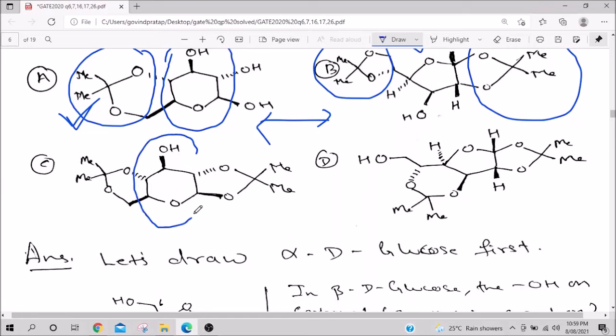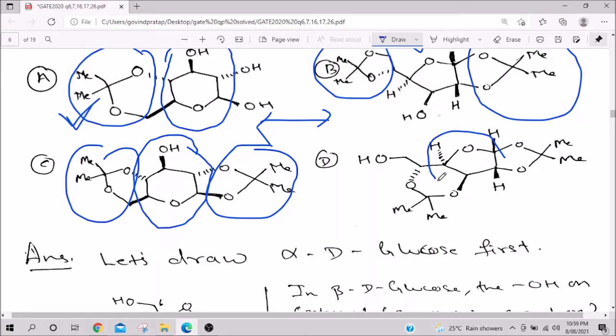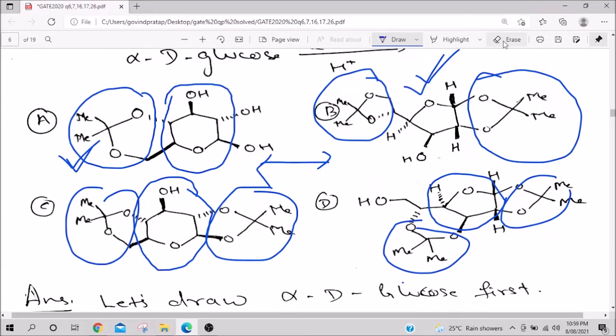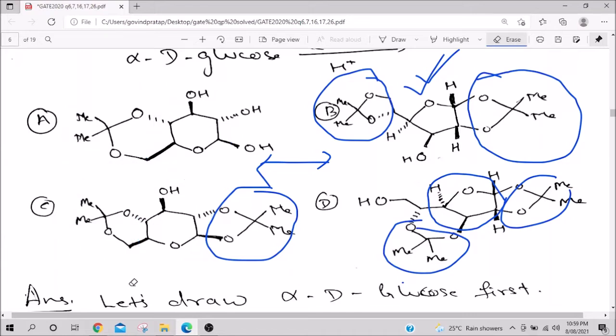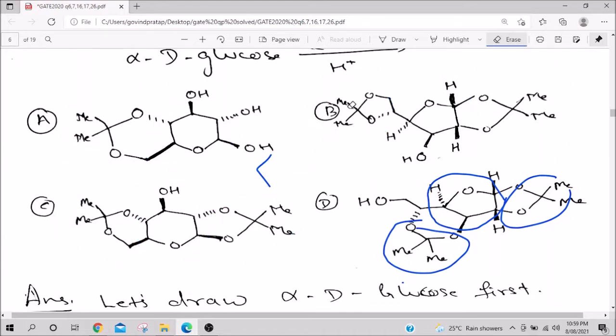Here the pyranose form is intact and you are having 2 acetonide formations. So, this also looks possible to me, and here again you are having a 5 membered ring and then 2 acetonide formations. So, if I have to just reject one, I would have just rejected choice A, because choice A has only one acetonide formation, but we cannot think like that, we have to do it step by step. Let us do.